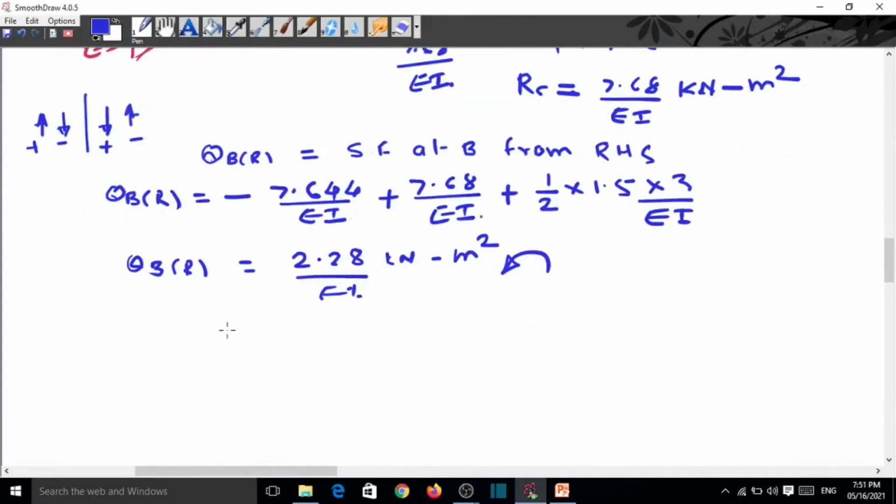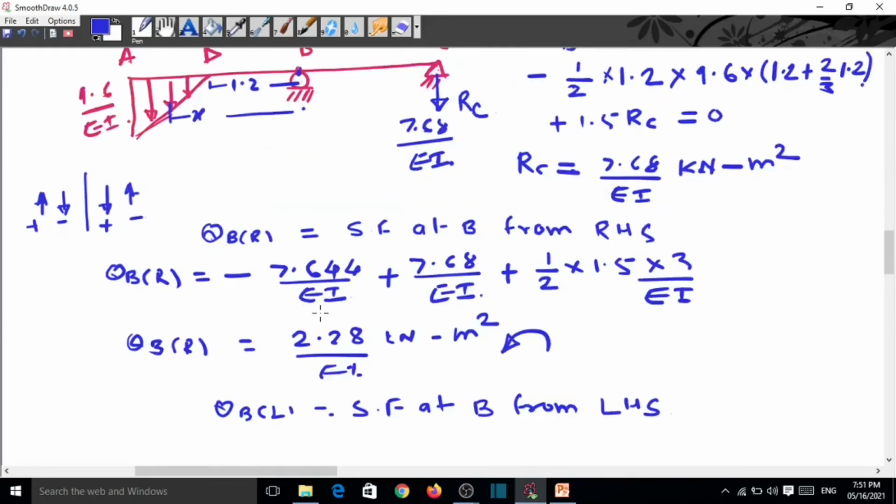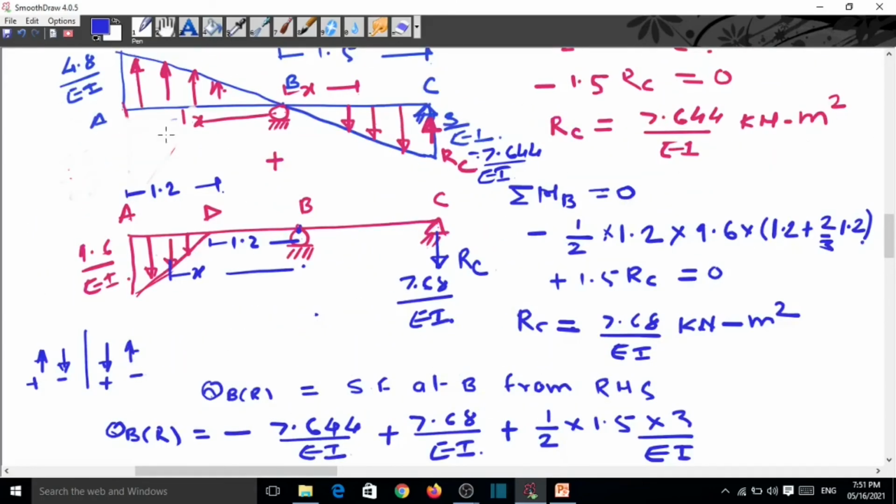So here we can say that theta b left is equal to the shear force at B from left side, from the LHS. So we can say that here from the left side is these two forces. This one triangle and this is the another triangle.